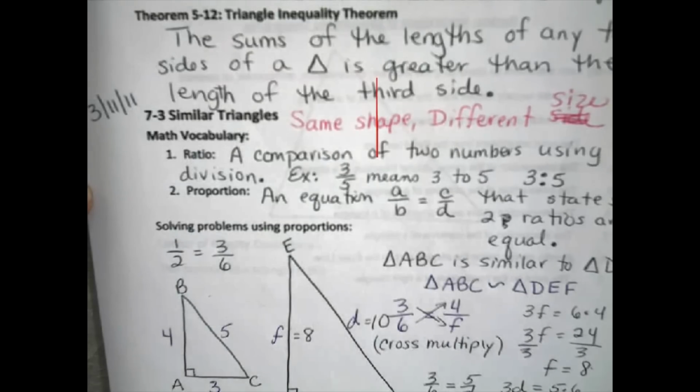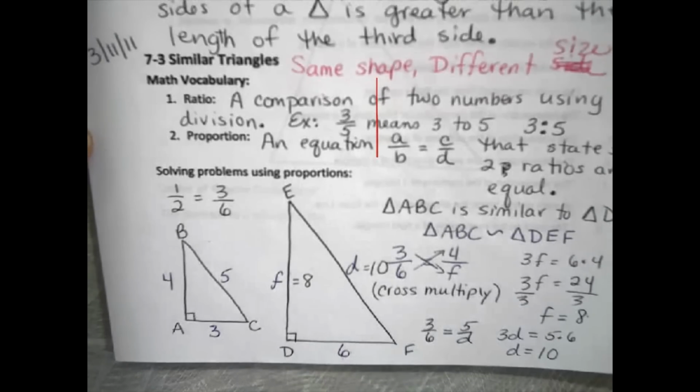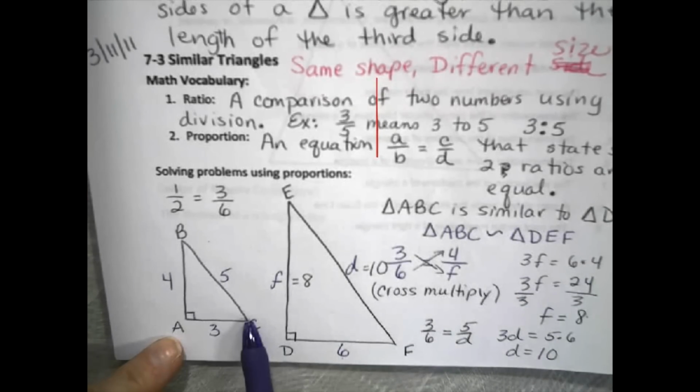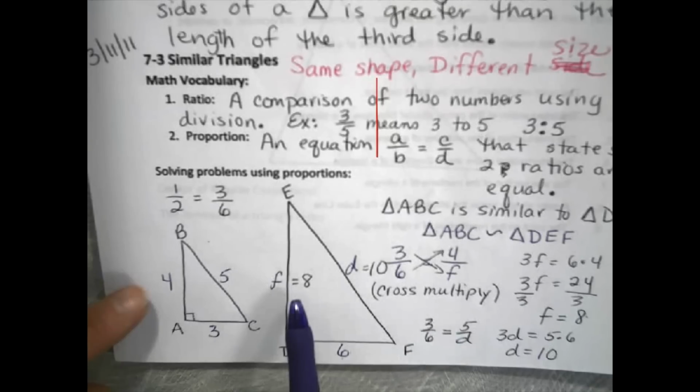So in using this to solve problems for similar triangles, for example, I have my triangle ABC and my triangle DEF. These two triangles are similar if the ratio of the corresponding sides are equal to the ratio of other corresponding sides.